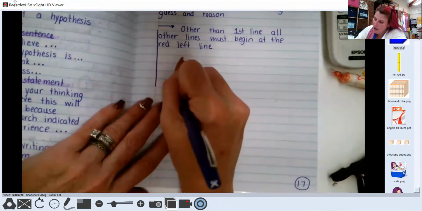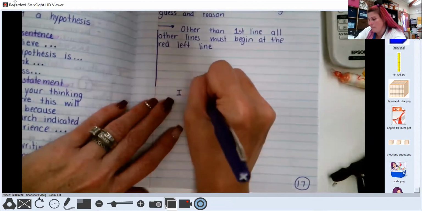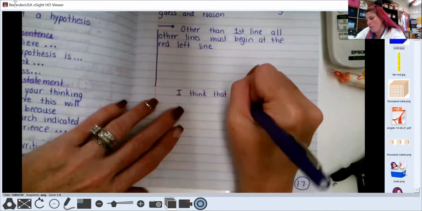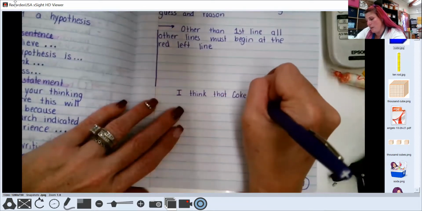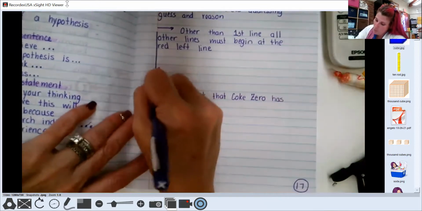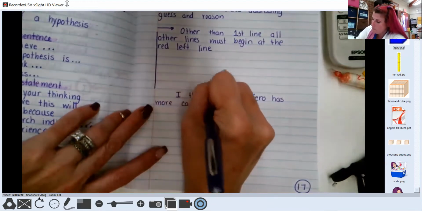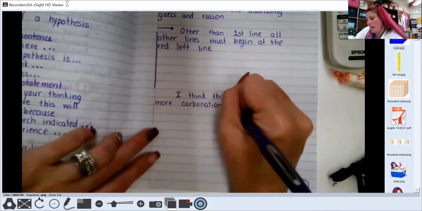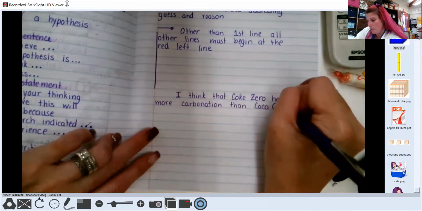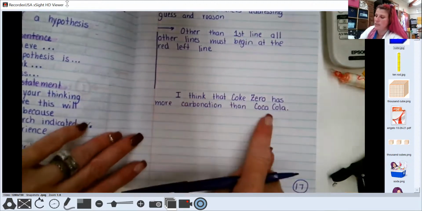So, I think that Coke Zero, and that's a proper noun, so it's capital, Coke Zero has more carbonation than Coca-Cola, period. That's my guess statement. I think that Coke Zero has more carbonation than Coca-Cola.